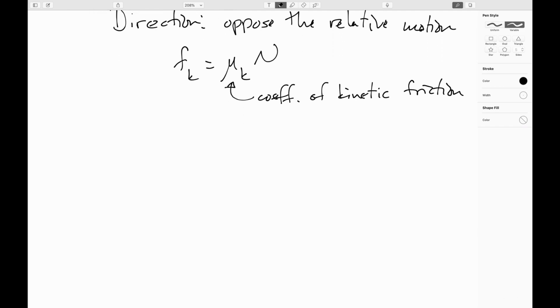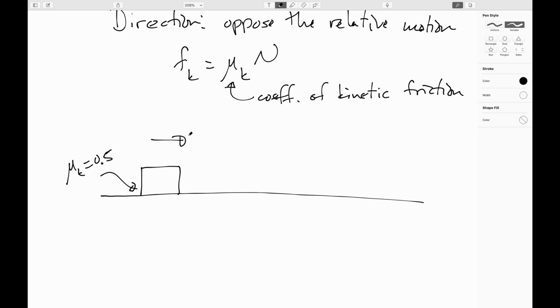All right, so let's just work a quick example of this. Let's just say we've got a crate that is sliding along the floor. Let's say the coefficient of kinetic friction between the crate and the floor is 0.5.